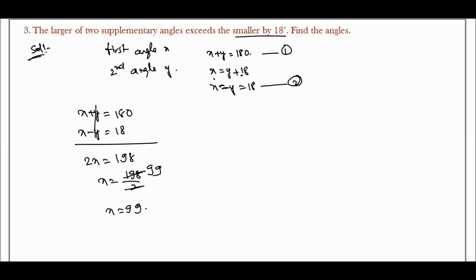So we put x in this one, so y is equal to 180 minus 99. So y is equal to how much? 81 is the answer. So x and y, the two angles, are here. The difference between these two is 18. Okay, so clear about that one.